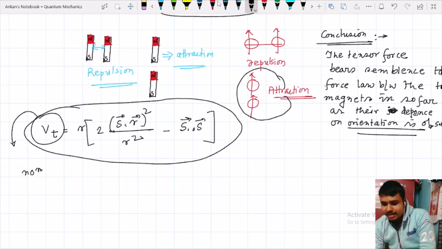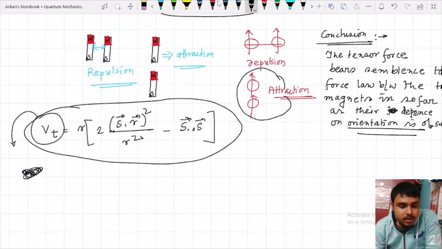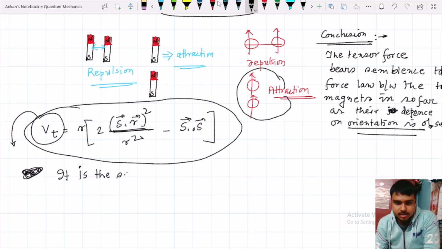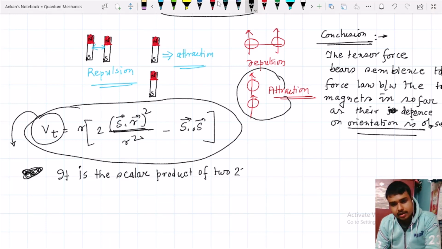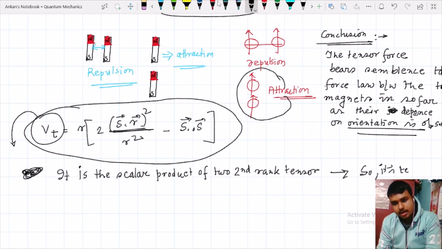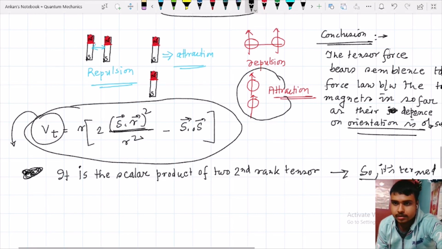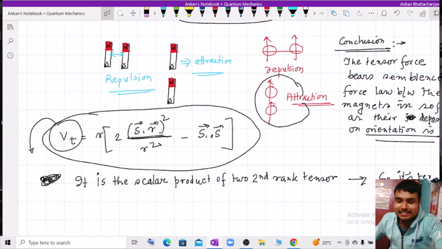It is the scalar product, which means dot product, of two second rank tensors. So it is termed as tensor potential.